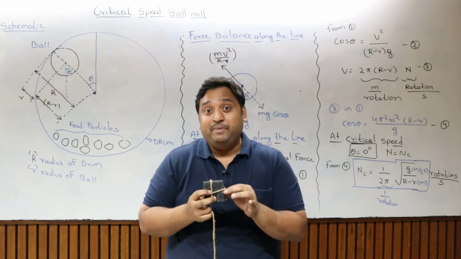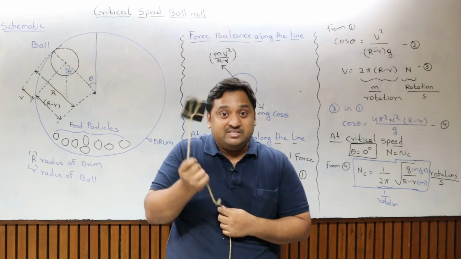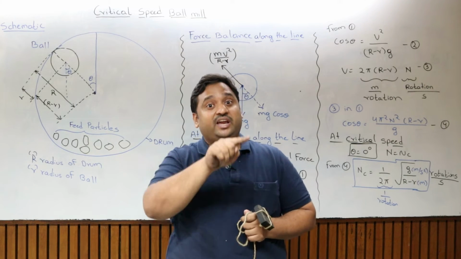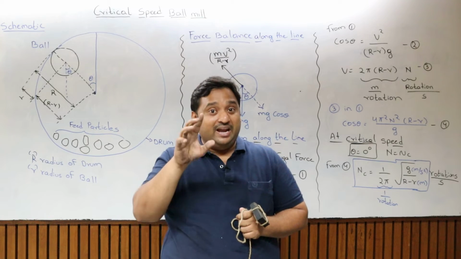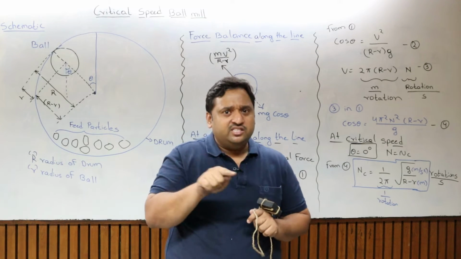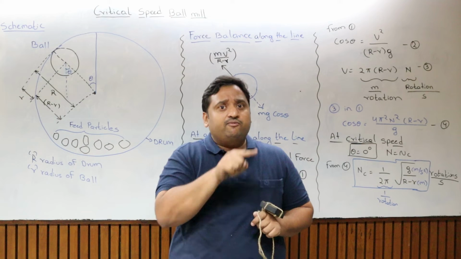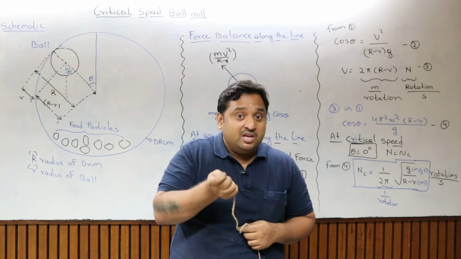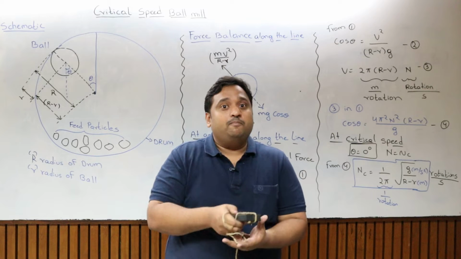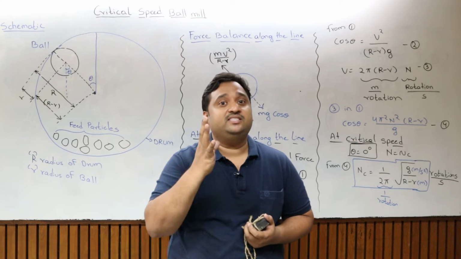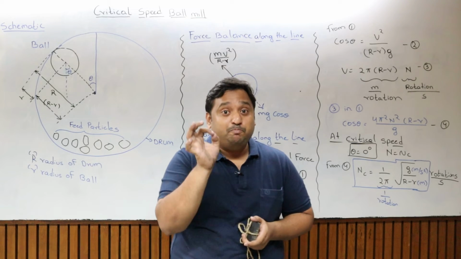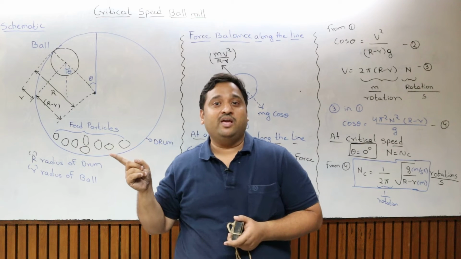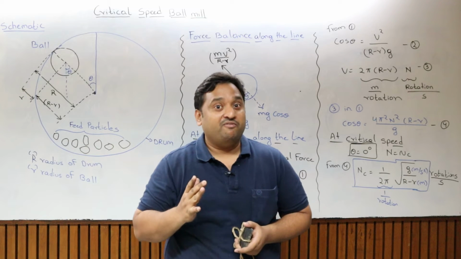That means there is some speed at which I have to operate the mill. How many rotations per minute should the drum rotate? It may be 2 or 3 revolutions per minute, because if I go for higher RPMs, the ball will never fall down. This is the concept of critical speed, the speed which the mill cannot go beyond. That is called the critical speed of a ball mill.